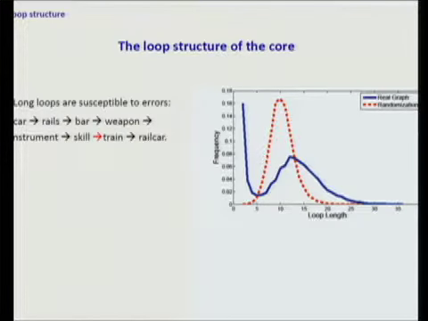And here is an example for why many of these long loops are not real loops. So if you follow this loop along the extended WordNet, you see that it starts from a rail car, and you'll get more or less reasonable connections until you get some connection between skill and train, which the automatized loop search gives you, but obviously it's not the train that you started from.